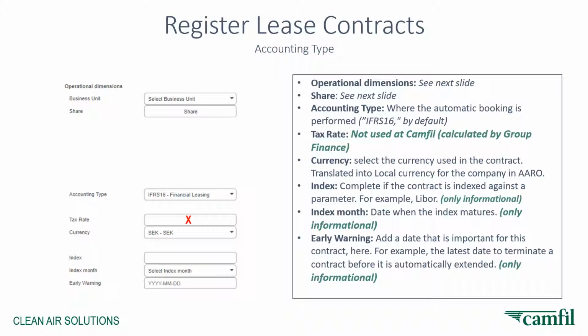Index month is also an informational field. It is the date when the index matures. Finally, early warning is the final informational field where you can add a date that is important for this contract. For example, the last possible date to terminate a contract before automatic extension.